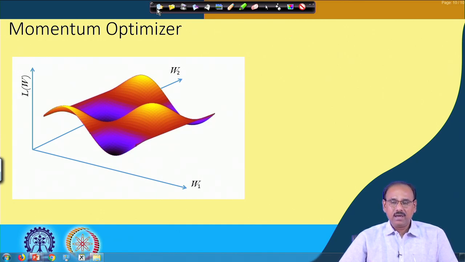That is where the momentum optimization technique, which is an approach for making your gradient descent more efficient, comes in. These are the cases where the momentum optimization technique will help in faster convergence of the gradient descent algorithms.